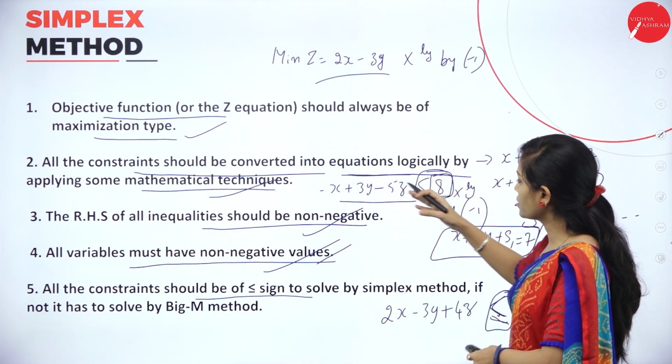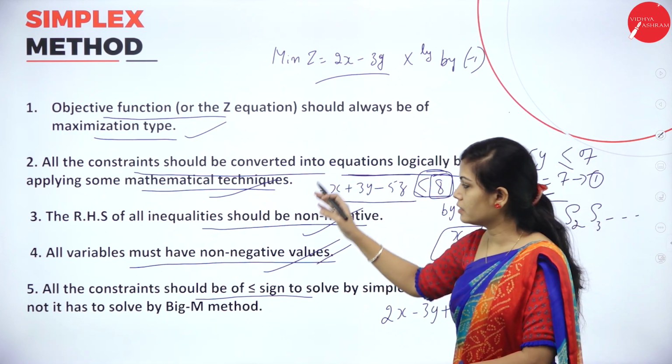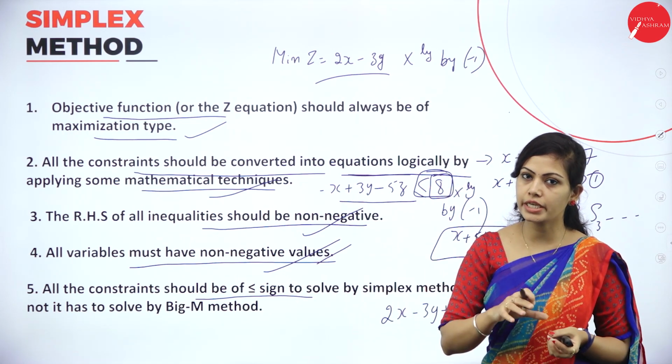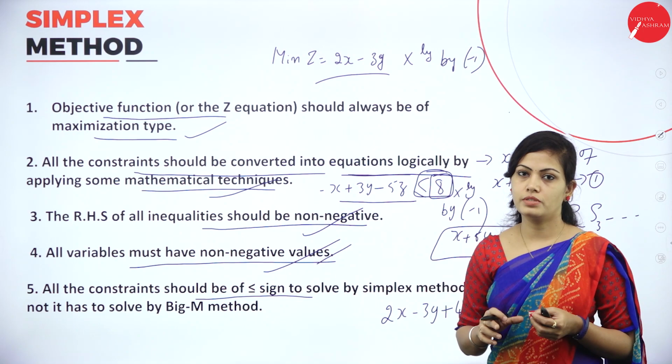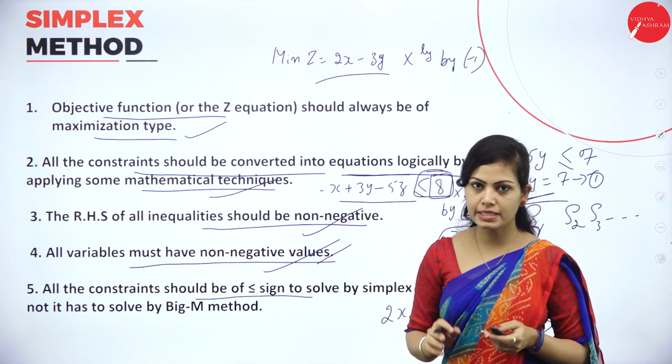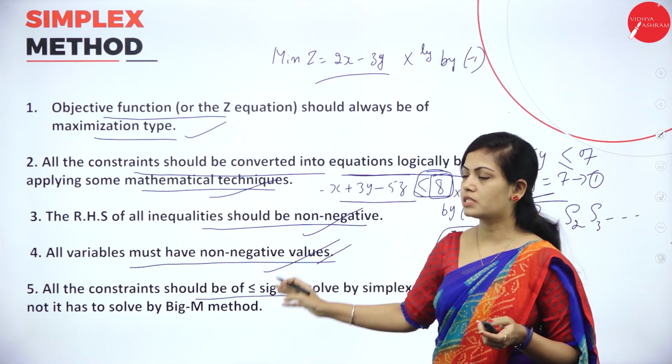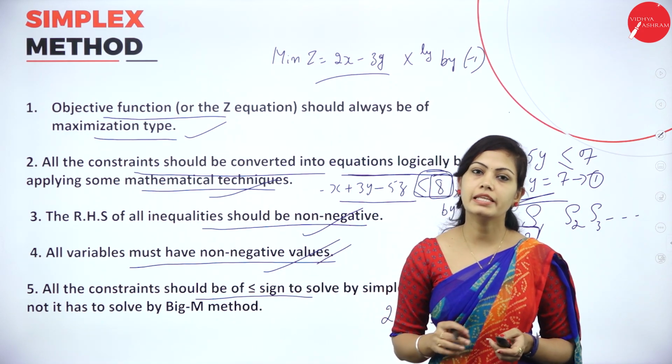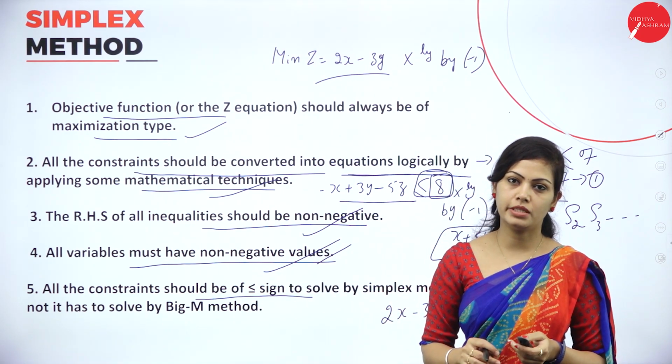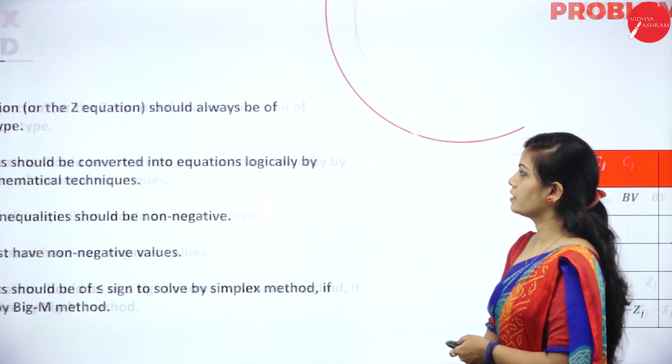If your objective function and constraints do not follow these rules, you have to convert them into simplex rules. For solving the simplex method, you have to use these steps. Then we can easily solve using simplex method. So, let's get started now.